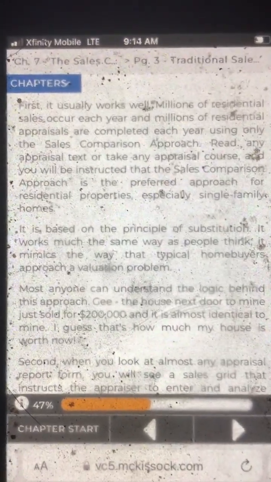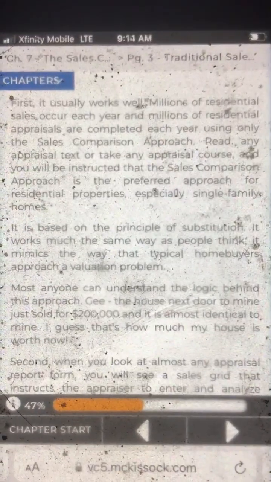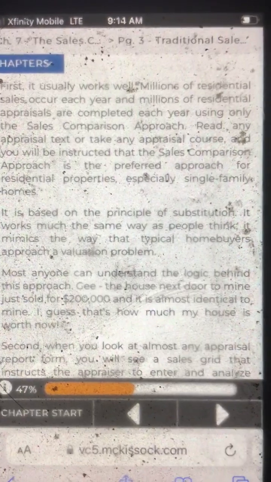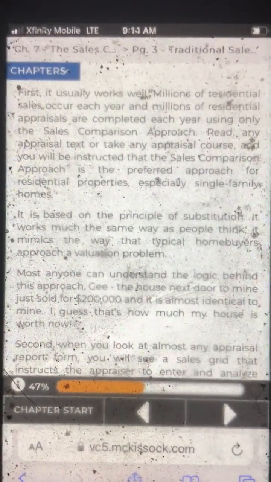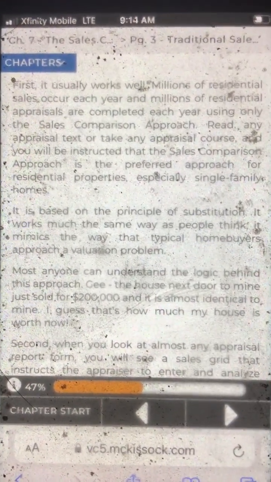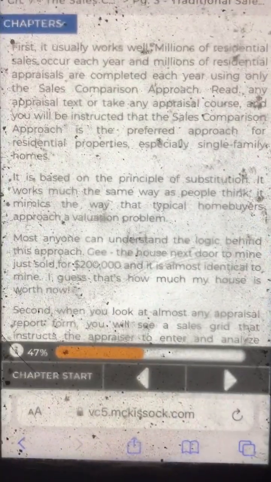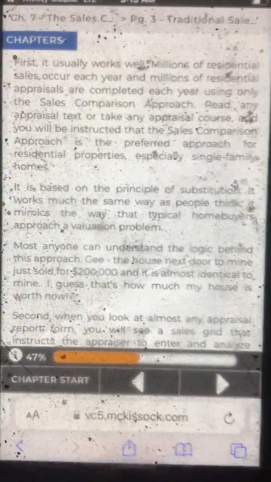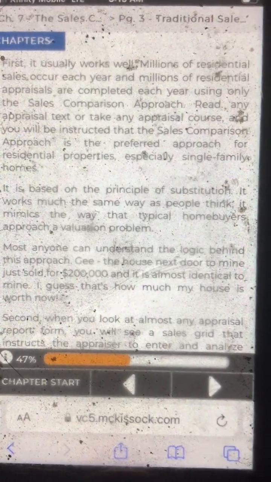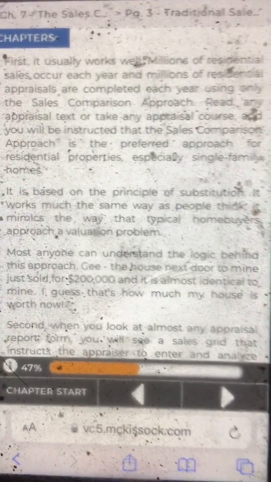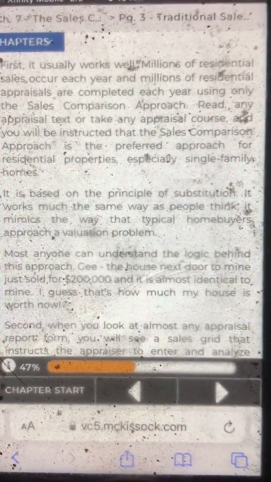Read any appraisal text or take any appraisal course, and you will be instructed that the sales comparison approach is the preferred approach for residential properties, especially single-family homes. It is based on the principle of substitution. It works much the same way as people think.